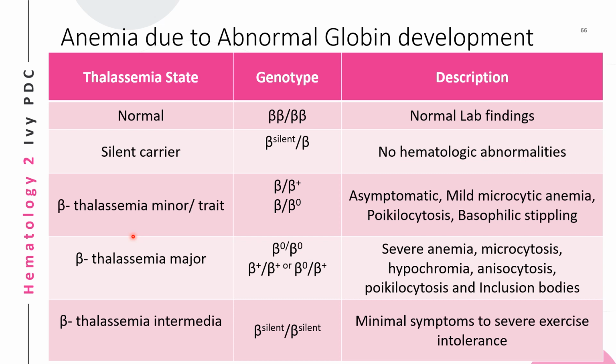These are the patients who fall in between the beta thalassemia trait and major, but do not need regular transfusion. Clinical manifestations can vary from minimal symptoms to severe exercise intolerance.